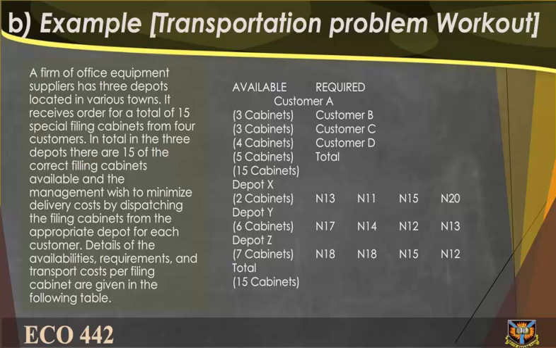Depot Y, 6 cabinets: N17, N14, N12, N13. Depot Z, 7 cabinets: N18, N18, N15, N12. Total 15 cabinets.